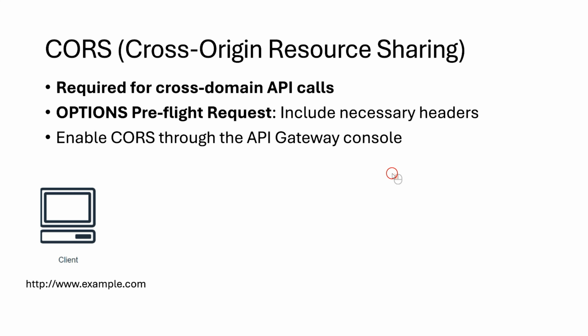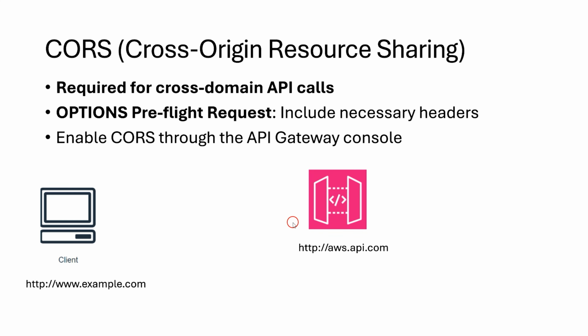In this example, we have a client with the domain example.com, and it is trying to access an API at aws-api.com. So both have different domains. In order to access this API from a cross domain, first the client sends a pre-flight request to the API gateway.